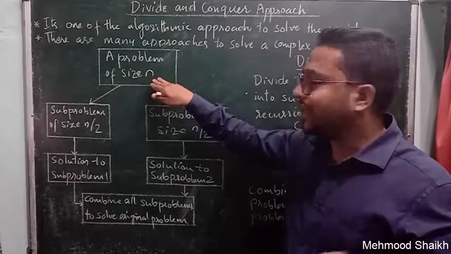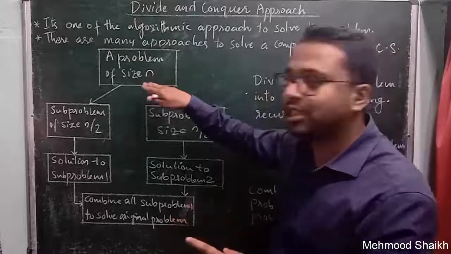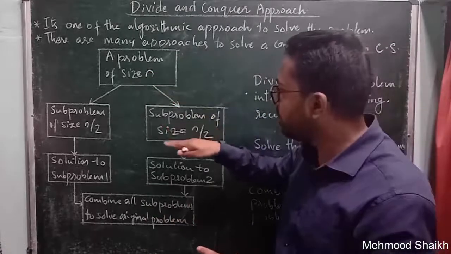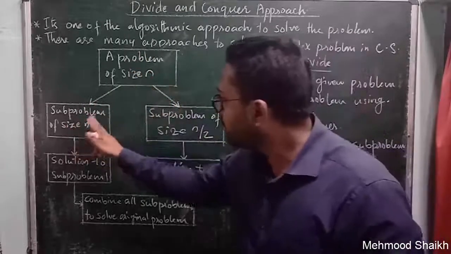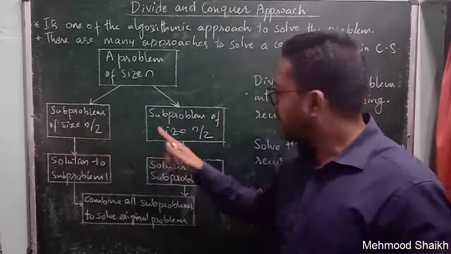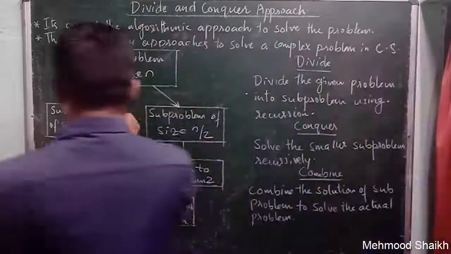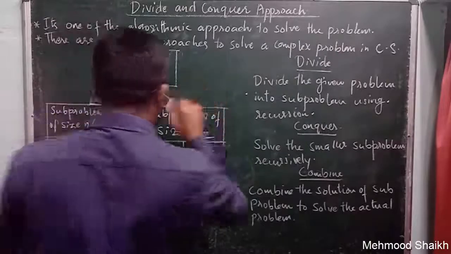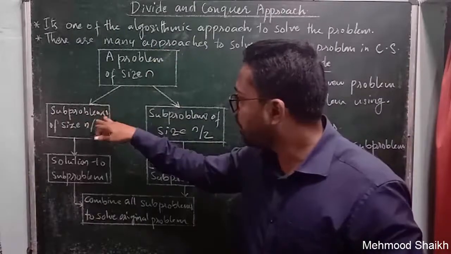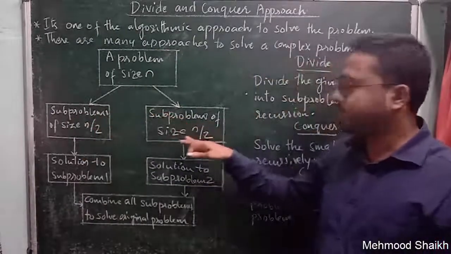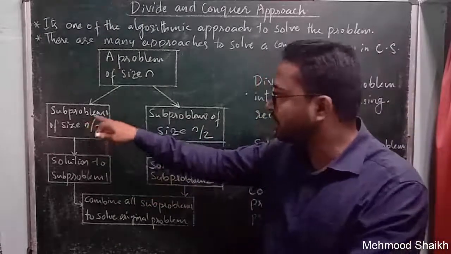If you think this is a large problem and it's difficult to solve, the best approach is to divide the entire problem of size n into subproblem 1 of size n/2 and subproblem 2 of size n/2.